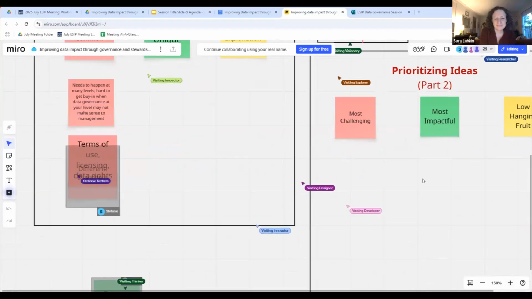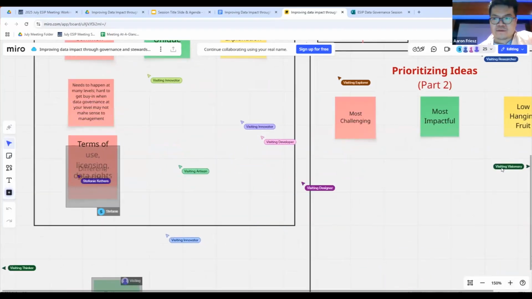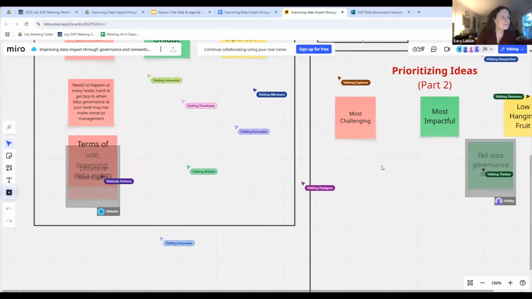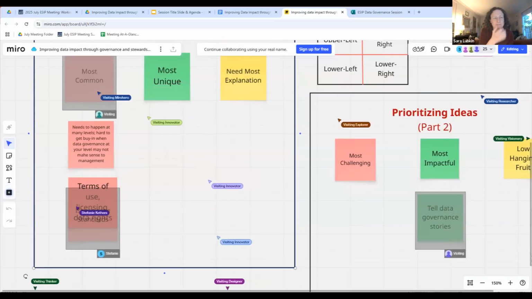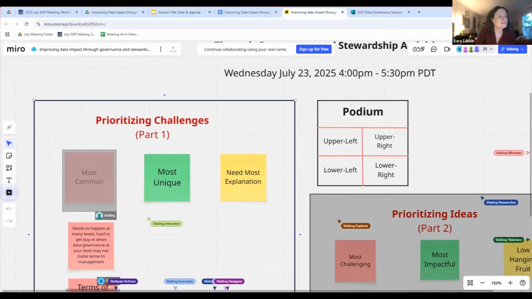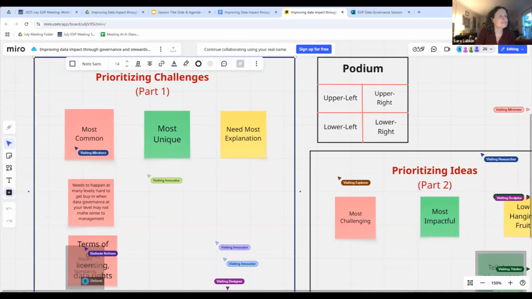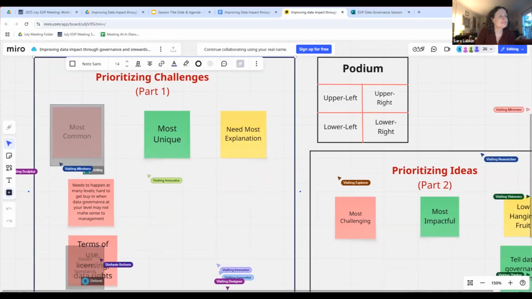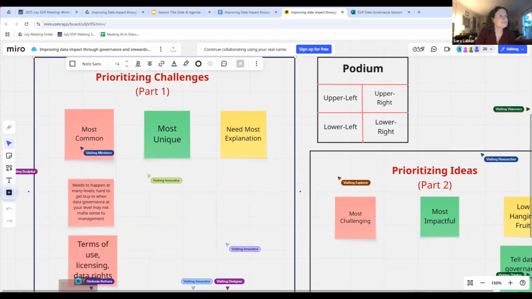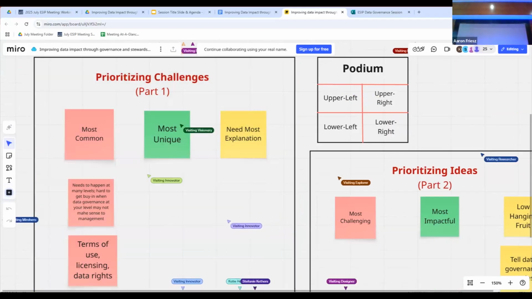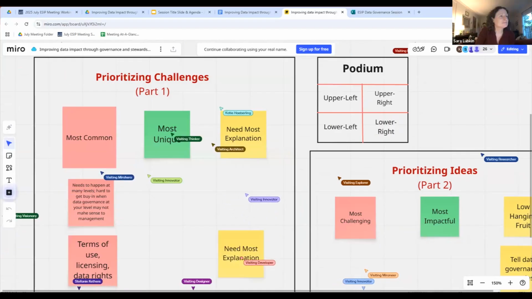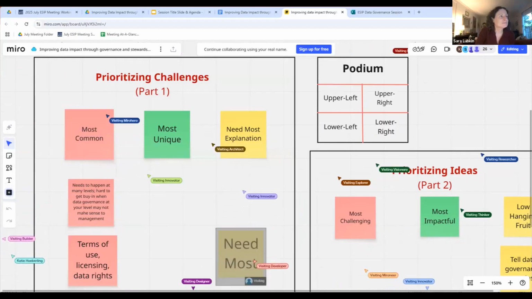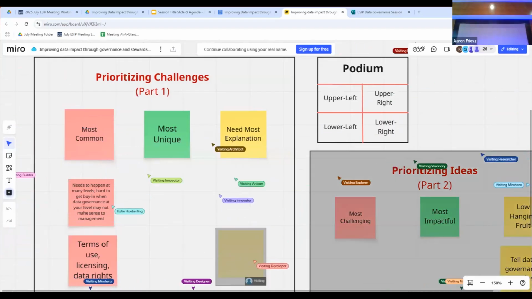Don't worry about the layout and the formatting. I think the board will be available even after the session. If we don't get to put in the items you would like to, you can always do that afterwards.